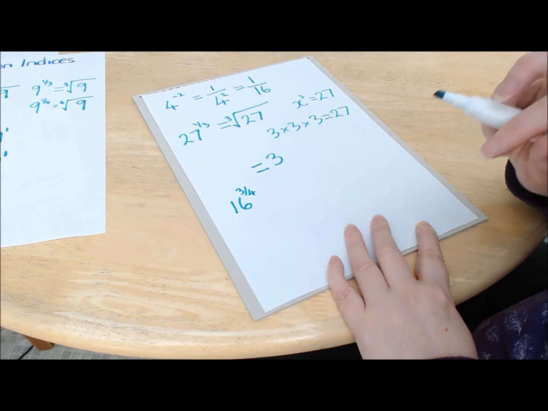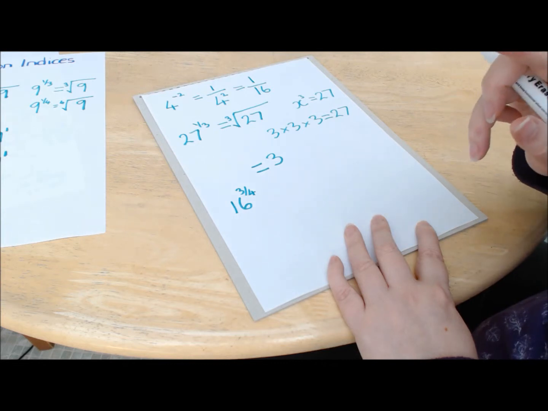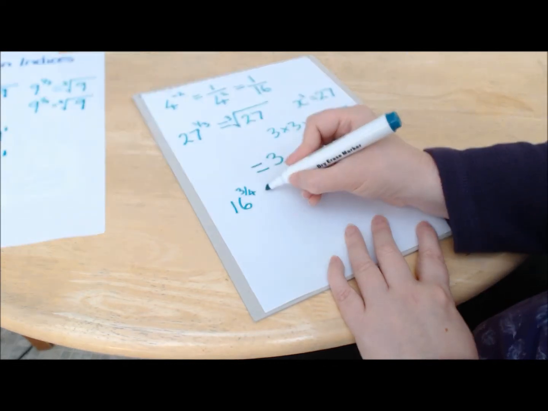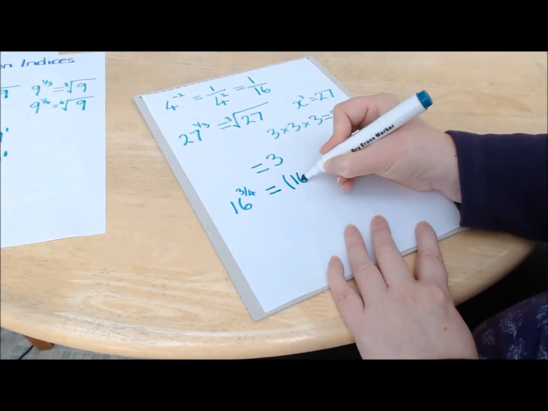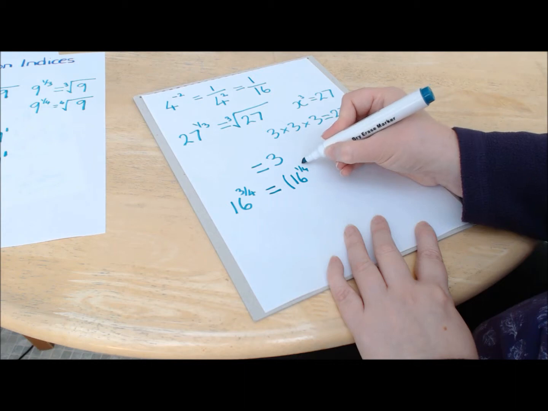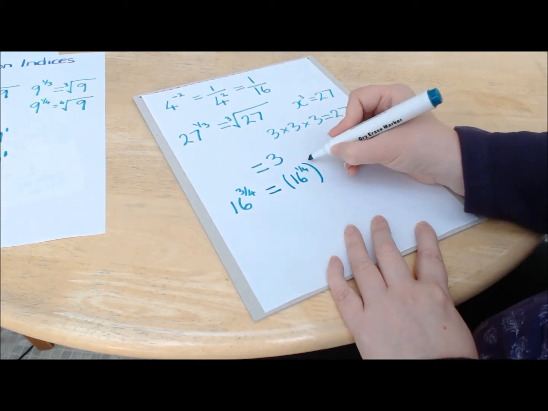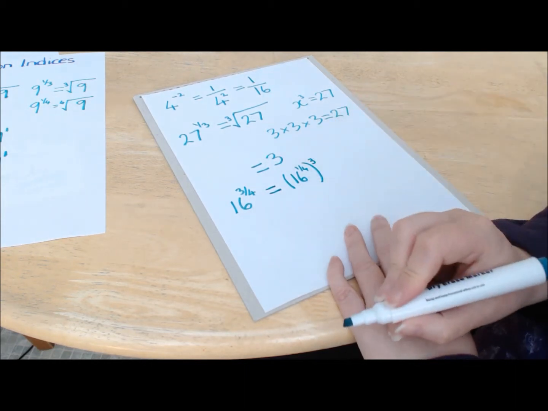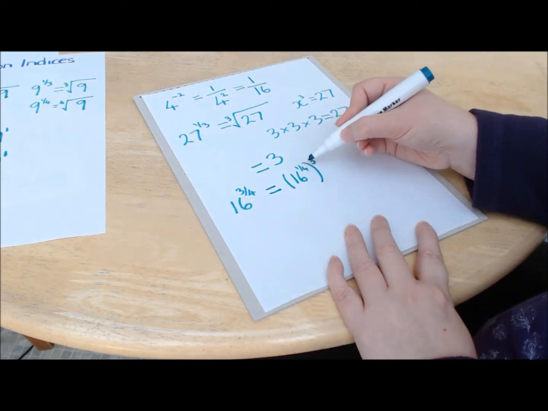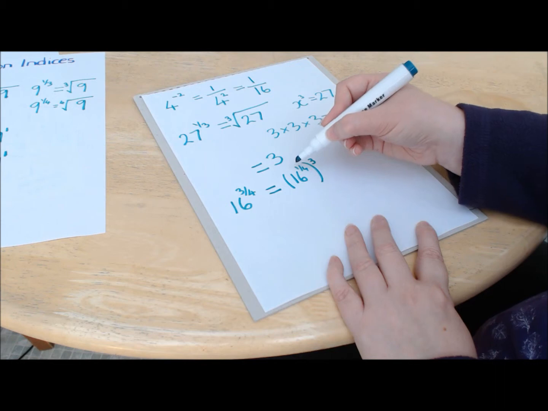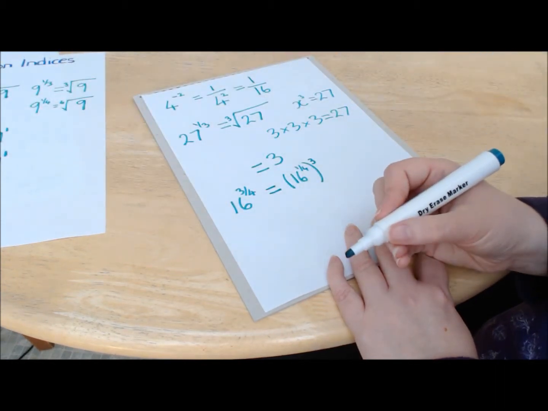We do this by using that brackets rule to do with indices backwards again. So I'm going to split this into 16 to the power of a quarter, all in brackets, and outside the brackets we're going to get the 3. So remember, the rule is you multiply those two together, so 3/4 is 3/4.